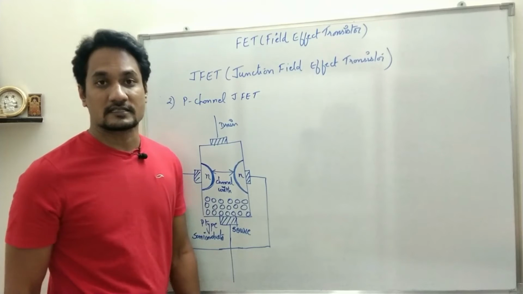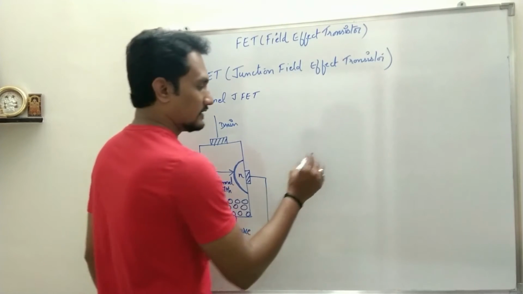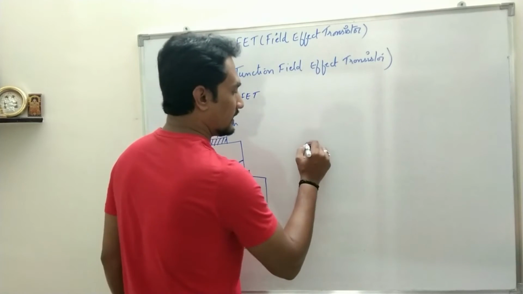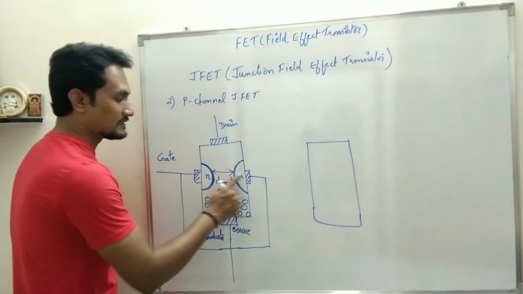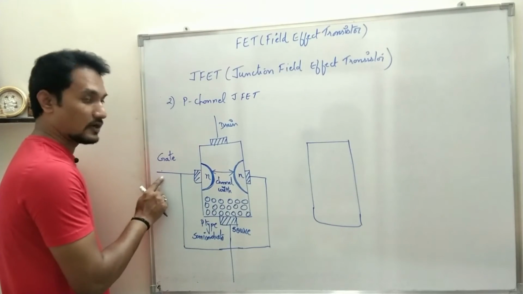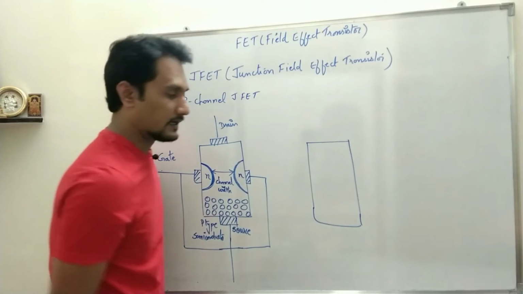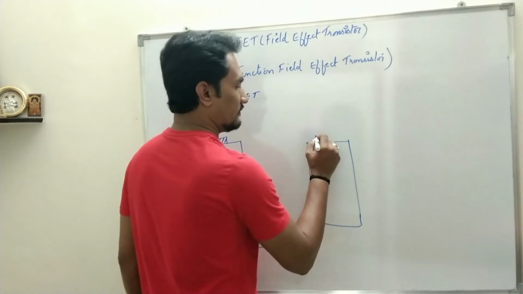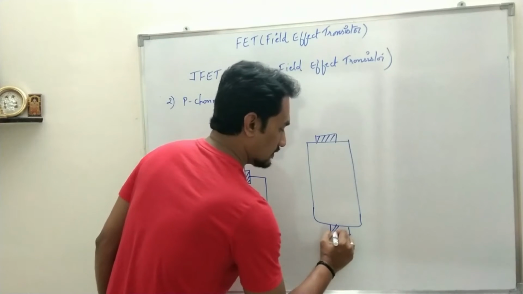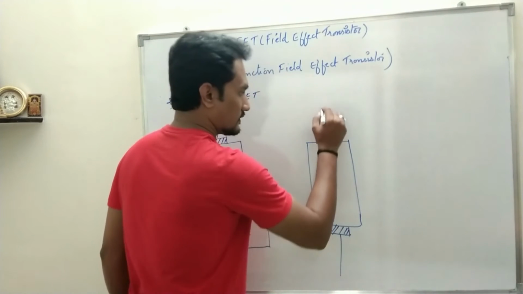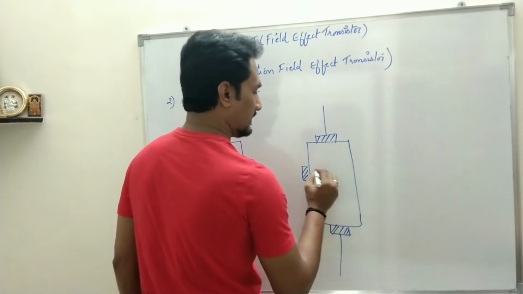Next we will try to understand the operation or the working part. When I explain working of p-channel JFET, I will not show these two terminals internally connected. I will just take out one terminal; it has to be assumed that these two terminals are internally connected. Again we have drain, source, then gate.